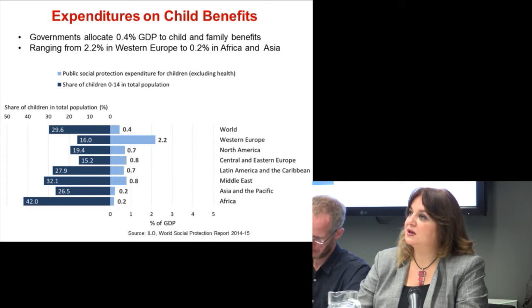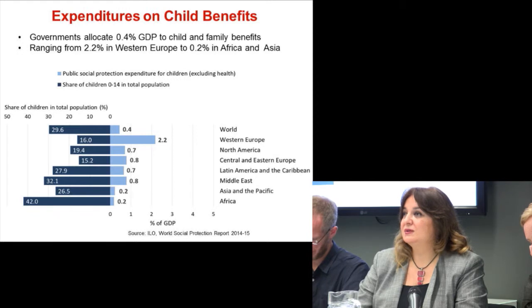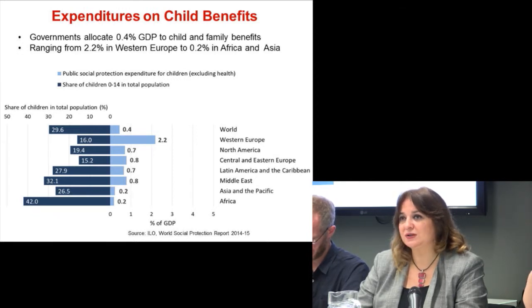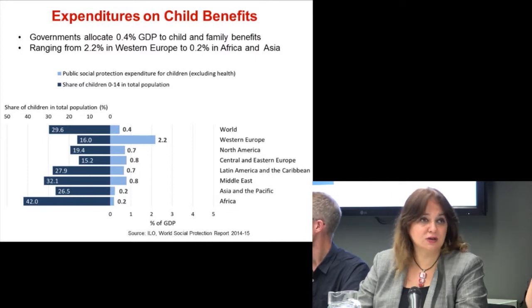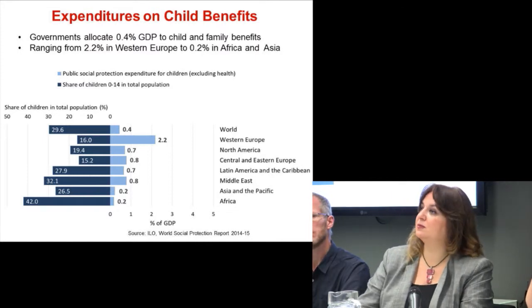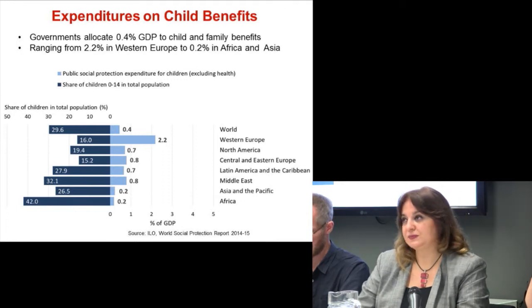And as you see, the numbers do not match whatsoever the population. In countries of Africa, children represent as much as 42% of the whole population of Africa, and only 0.2% of GDP is used on cash transfers for children. So there is a lot of space there from a developmental point of view to expand that.